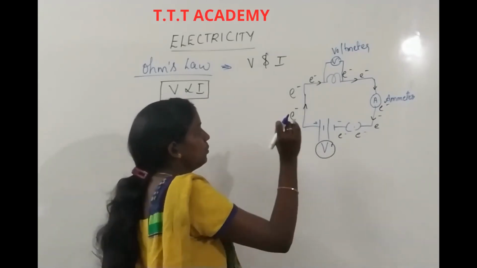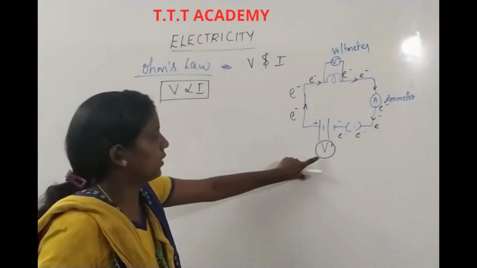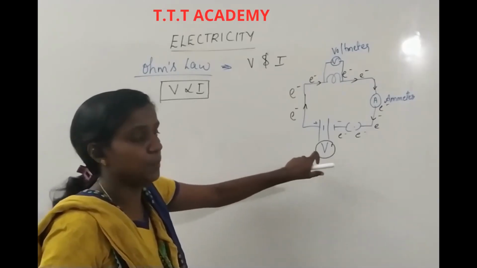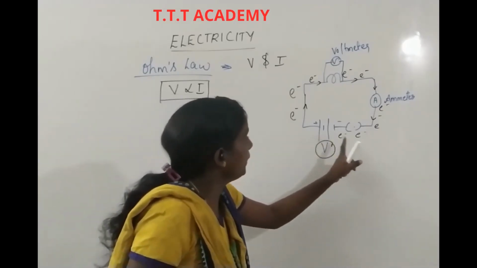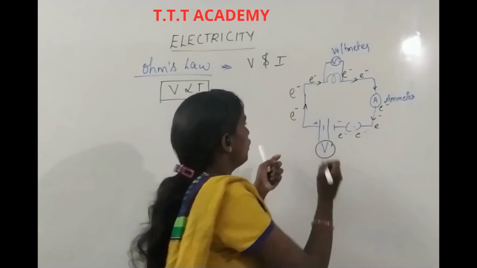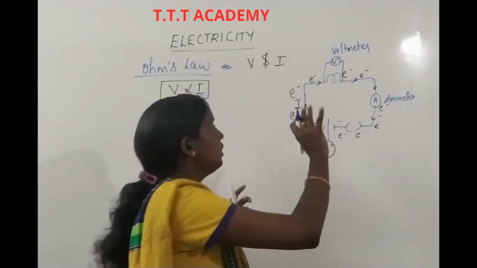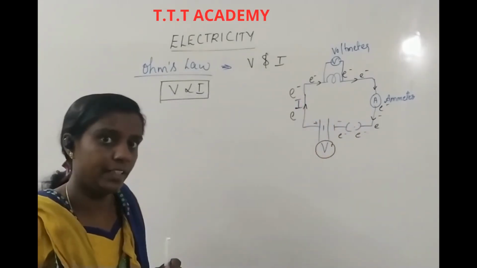Fine. Now see, whatever potential difference or pressure is created, there will be a flow of electrons. So how many electrons are going to flow? There will be a flow of electric current.